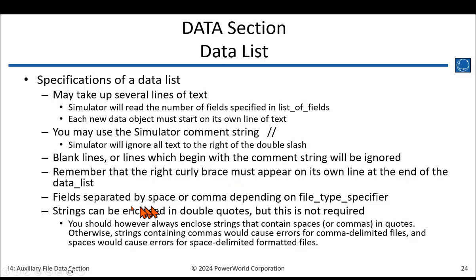Fields are normally space separated, but if the file type specifier is CSV, then they can be comma separated. Strings are normally enclosed in double quotes. It's not required unless the string contains spaces or commas, because those could be misinterpreted as indicating the start of the next variable. So those should always be inside quotes.